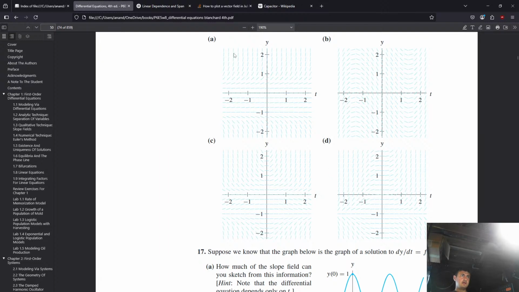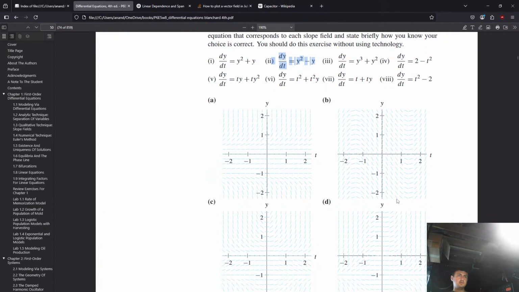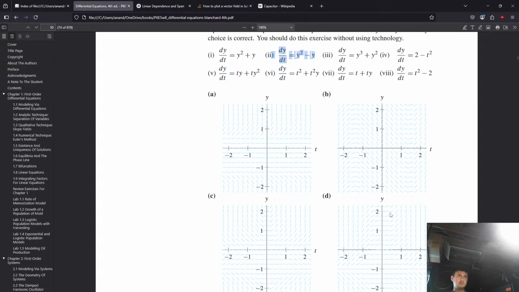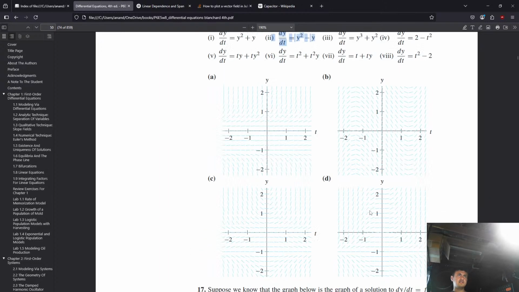Alright, so none of them are that. Okay, so this one is going to be y minus 1. So if y equals 1, okay, I don't think it's that one either.